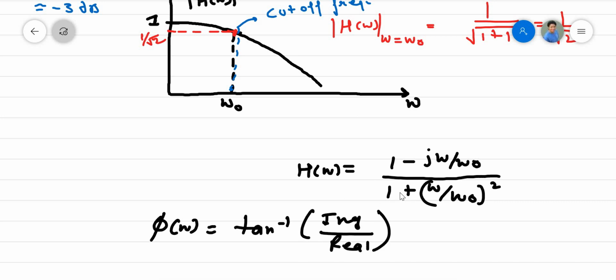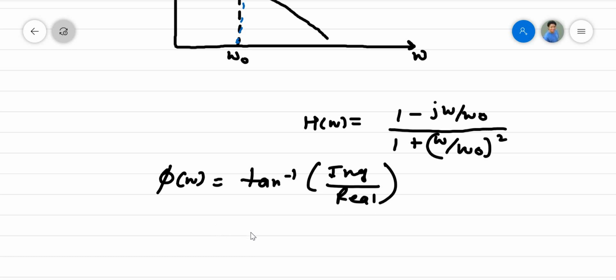The real and imaginary parts both have this same denominator, so it will cancel out. So our result for phi of omega will be tan inverse of minus omega by omega naught.